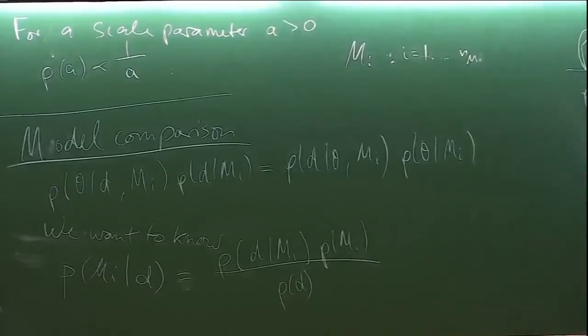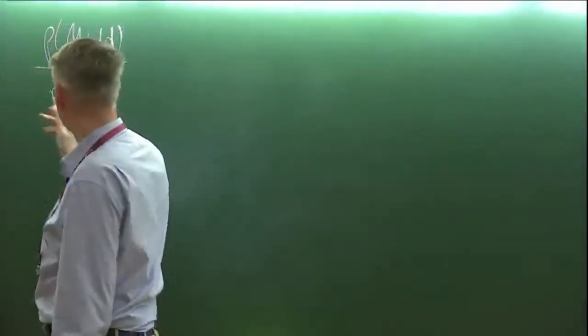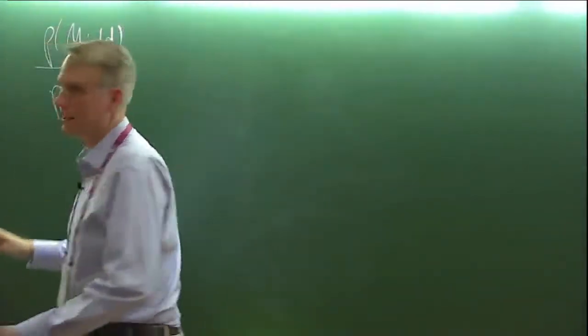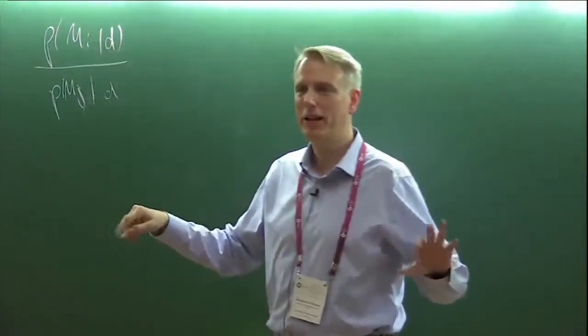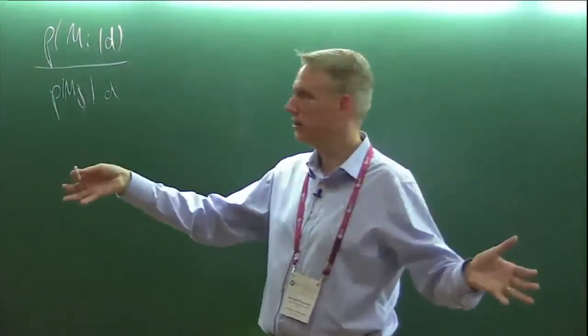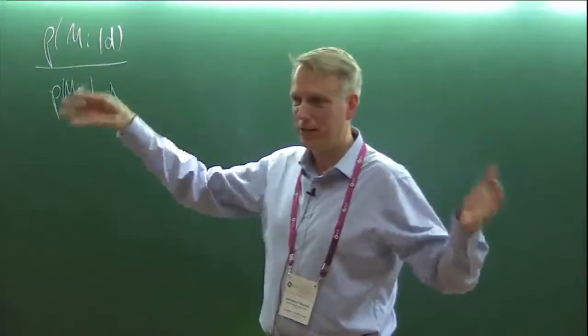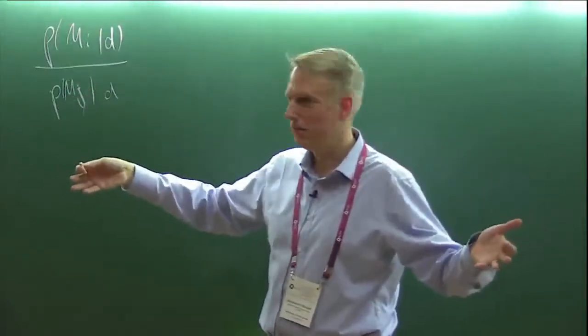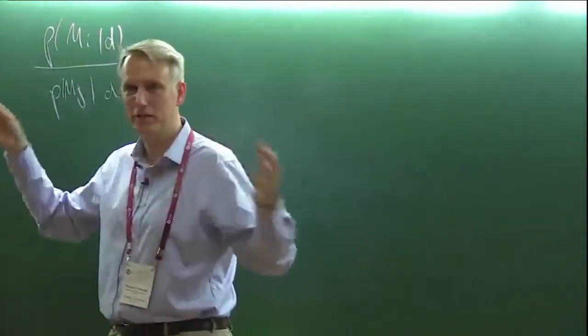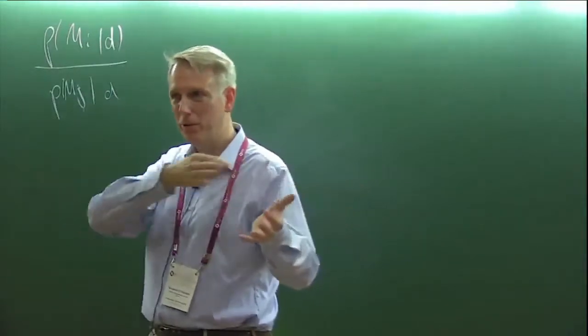And I can work out the relative probabilities of all the different models by computing this ratio. And then in the end, when I have all the relative probabilities, I can just say they have to sum to 1, because they're mutually exclusive and collectively exhaustive. That means the probabilities have to sum to 1.